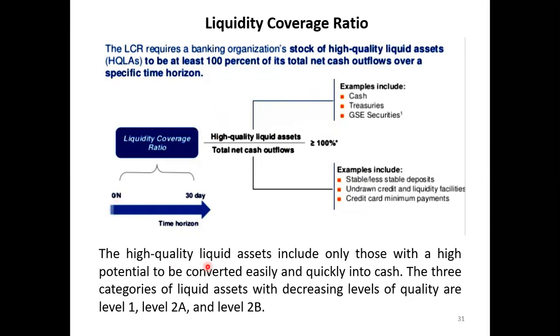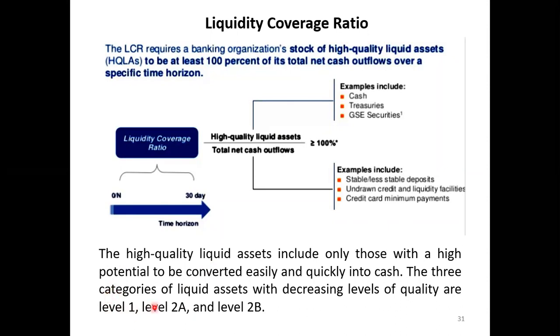The high quality liquid assets include only those with a high potential to be converted easily and quickly into cash. The three categories of liquid assets, with decreasing levels of quality, are level 1, level 2A, and level 2B. So based on the quality of the asset, they can be categorized into three.